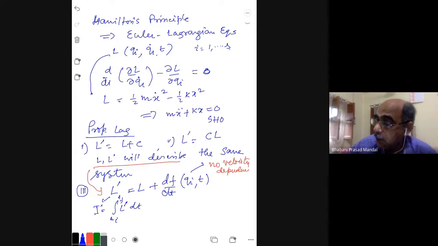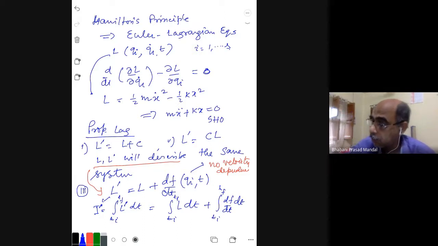So let us calculate, and we can do this integration for this part very easily, because this is a total time derivative. So this is basically the integral of L dt from t initial to t final, plus the integral of df/dt dt, t initial to t final.